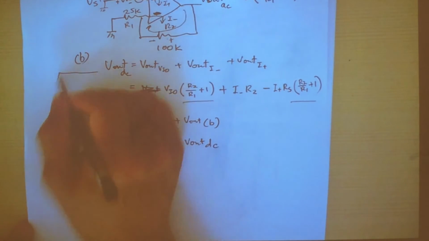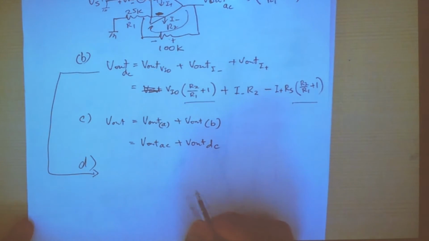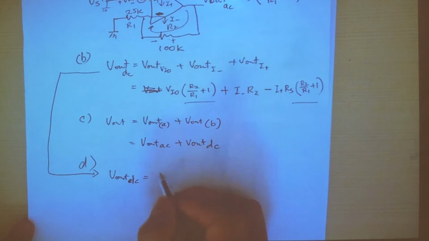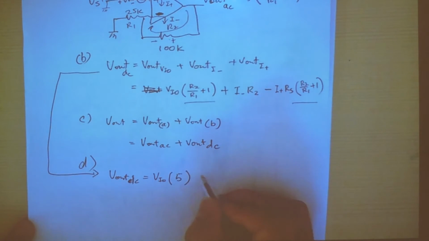So part B gives you V out DC equal to V offset multiplied by 5, because its gain is 5, and V offset is given as 2 millivolt, plus I minus.